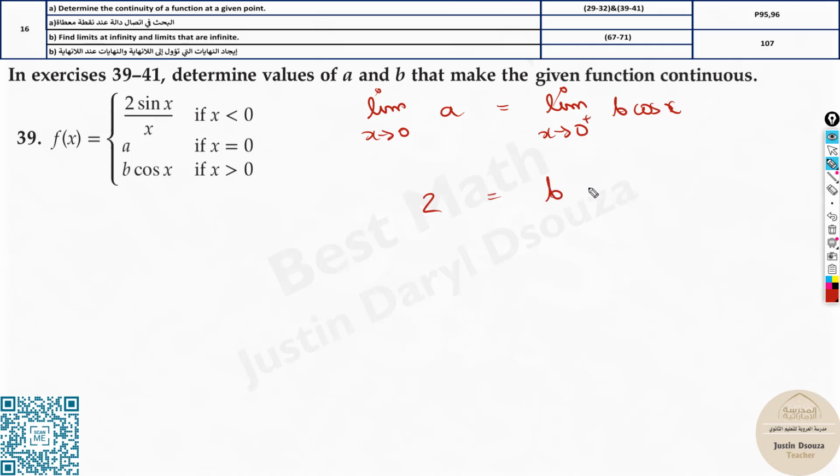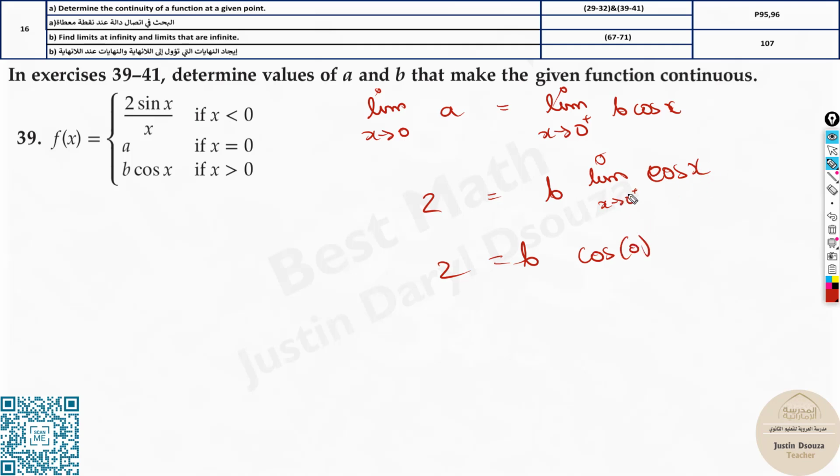Now because it's a constant, the limit will only be applied to wherever x is there, right? So x tends to 0 from the positive side, cosine x. Here what happens is basically substitute this 0 instead of x, because it's a polynomial, right? There's no division by x. It's not going to be undefined. These are all straightforward substitutions.